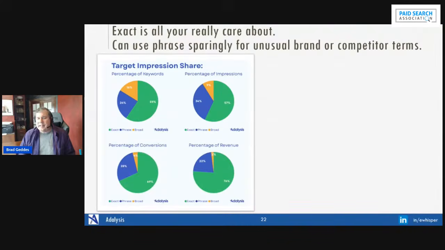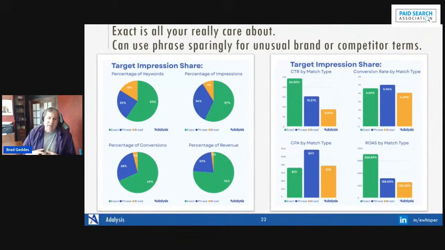So again, that's where exact, maybe some phrase, really gets what you're looking for in the end. Because again, while we can see ROAS and CPA by match types, the bid system doesn't care about it. It just cares about getting to your impression numbers. So generally, you want to be conservative in match type usage with target IS.